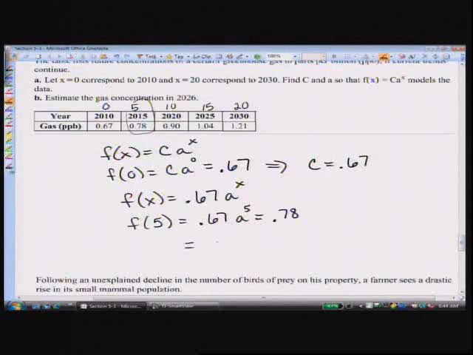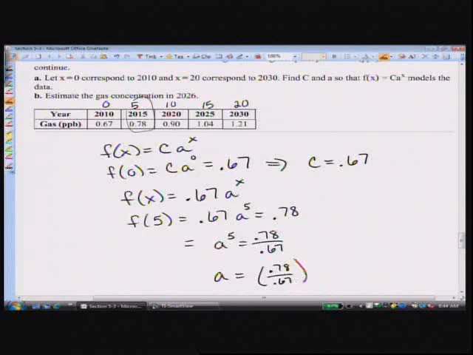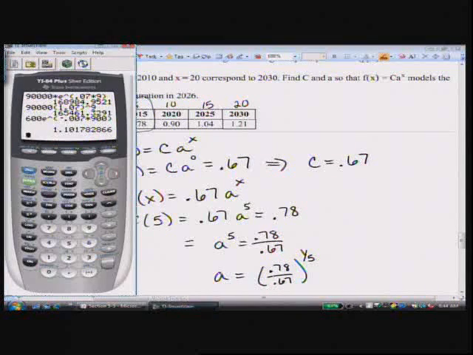In order to figure out a, I do a to the 5th equals 0.78 divided by 0.67, and then I'll raise that to the 1/5 power to solve for a. It's probably going to be a decimal. 0.78 divided by 0.67, to the 1/5. I don't think it's going to be a real, oops.